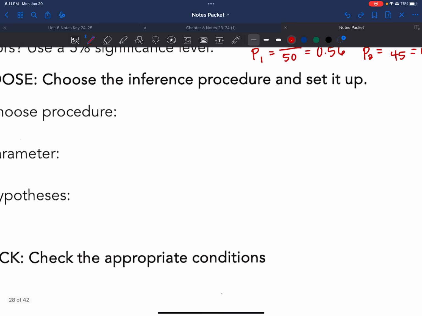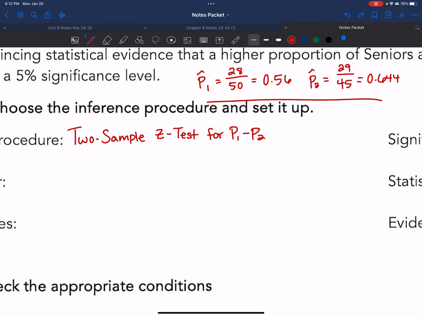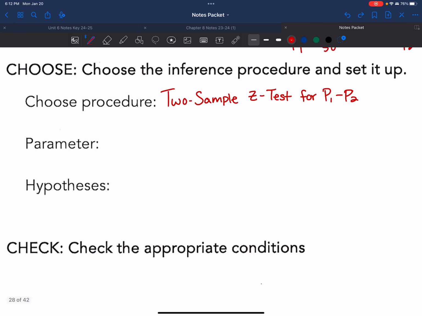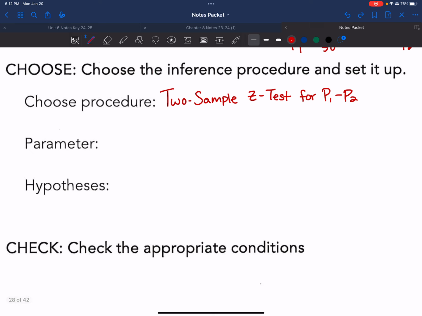So my procedure name is going to be two-sample z test for p1 minus p2. Remember, it's p1 and p2, not p hat. p hat was the sample we got, but we want to estimate this for the population proportion. So it's p1 minus p2. Now we need to define that parameter.